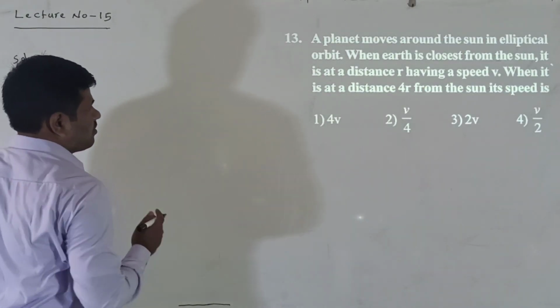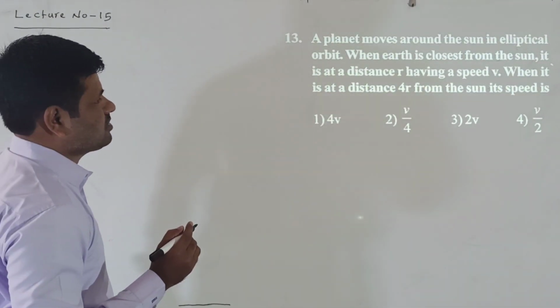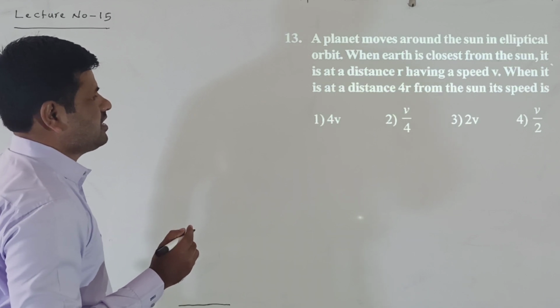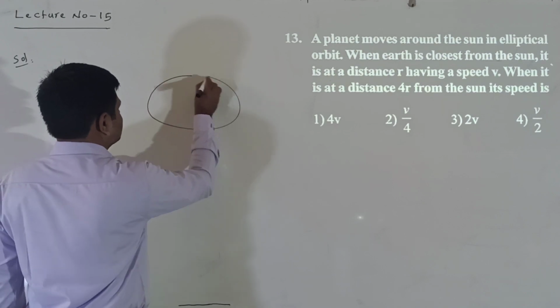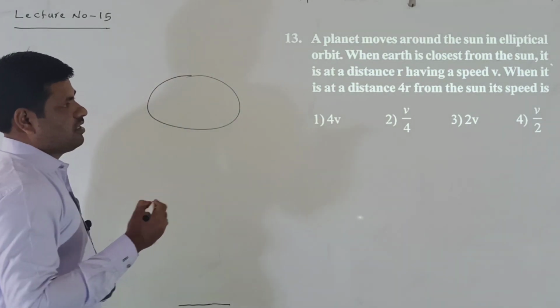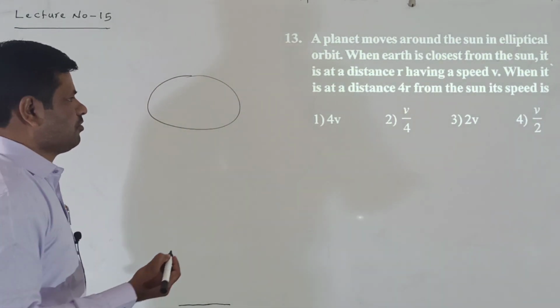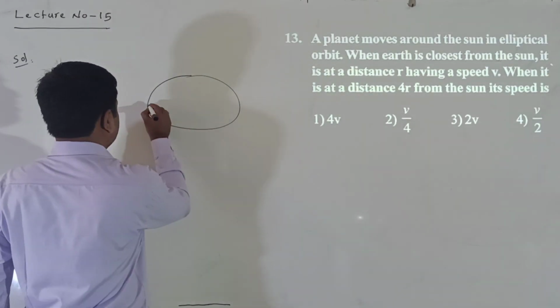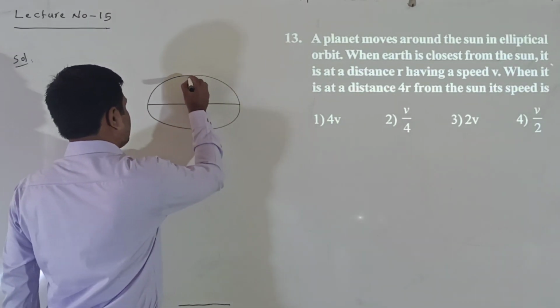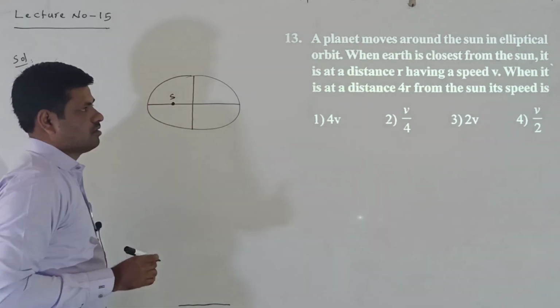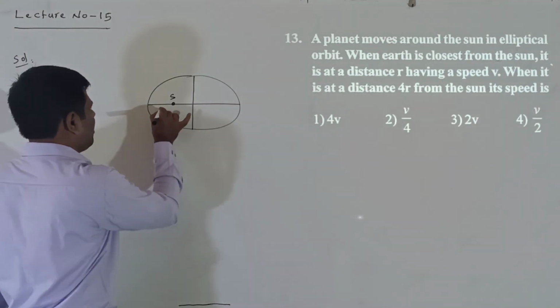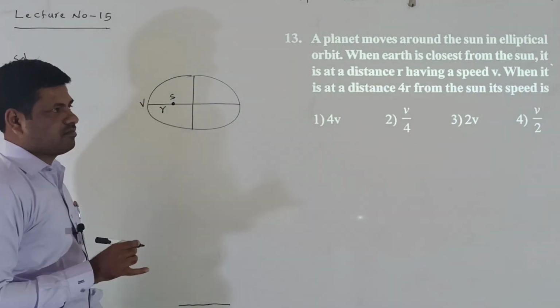Listen. First of all, when the Earth is closest to the sun, it is at a distance r. Closest means that point is called the perigee. Longest means that point is called the apogee or aphelion. Here the sun is there. Here this distance is given r, here velocity v.